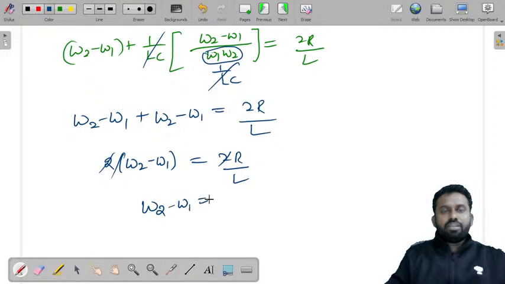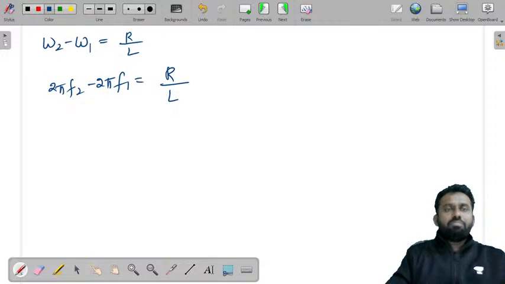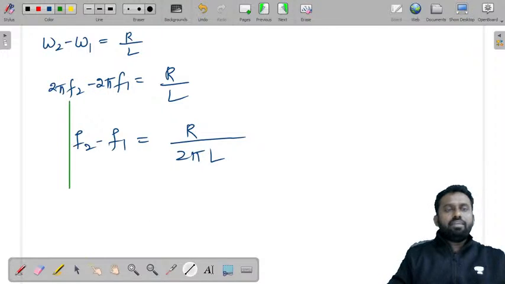Omega 2 minus omega 1 is equal to R by L. 2 pi f2 minus 2 pi f1 is equal to R by L, or you can write f2 minus f1 is equal to R by 2 pi L.